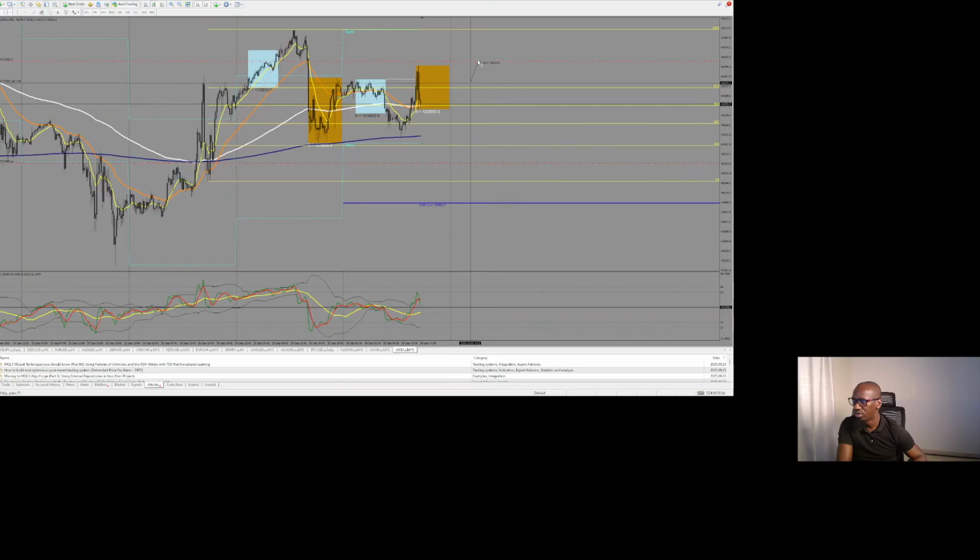So you can see there 6.7 or 674, and then down here we can see this is 236. So that would be a nice 1 to 4 risk to reward ratio.